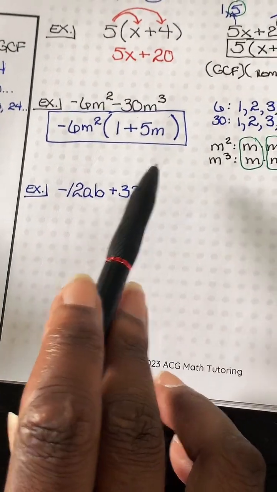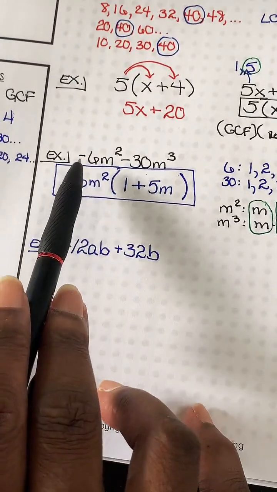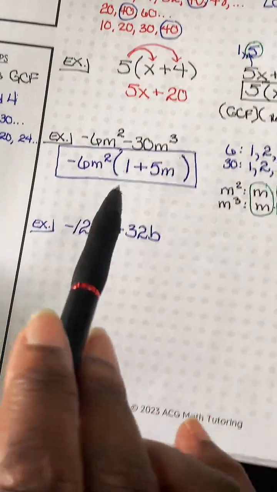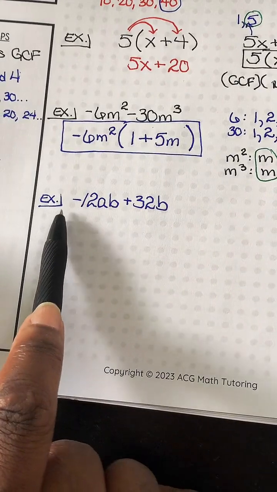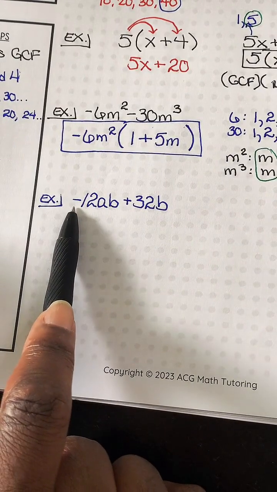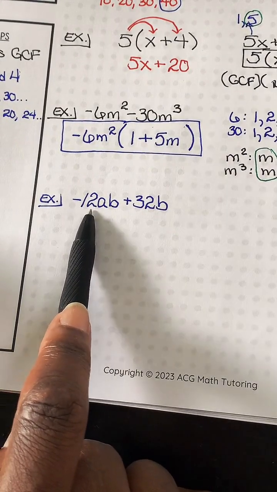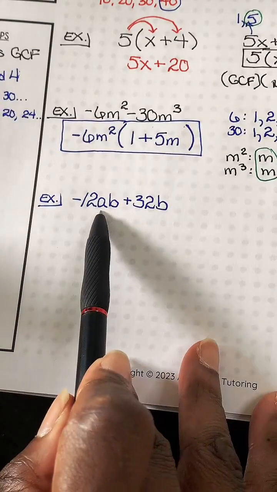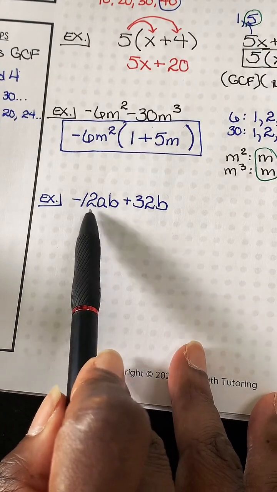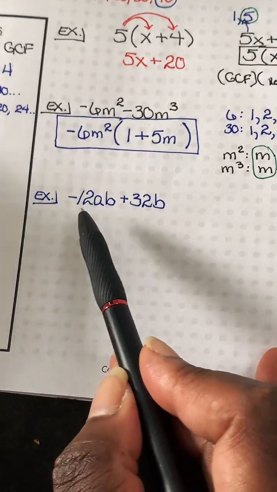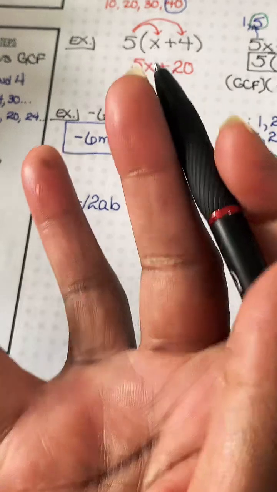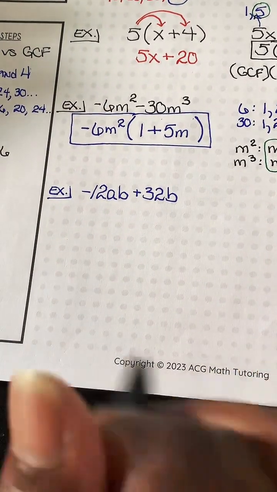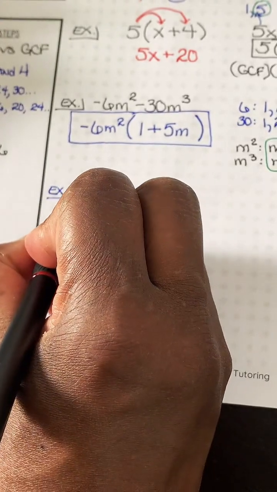The negative 12 is my leading coefficient, because it has two variables associated with it. So I want to pull out the negative from my leading coefficient.